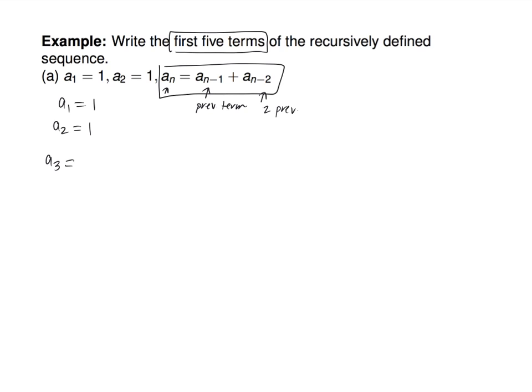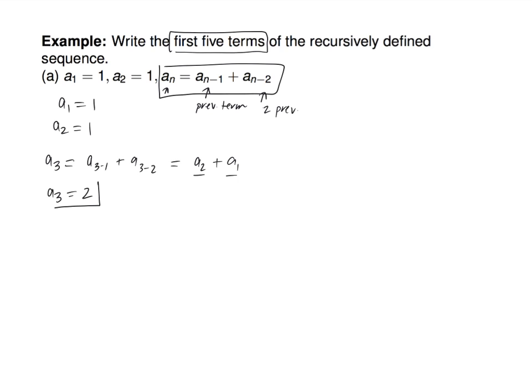So a sub 3, if you plug in 3, you get a sub 3 minus 1 plus a sub 3 minus 2, which is a sub 2 plus a sub 1. Does that make sense, how that plugging in 3 worked for that? And that means, so to find a3, you take the previous term and then the term from 2 terms ago and add them together.